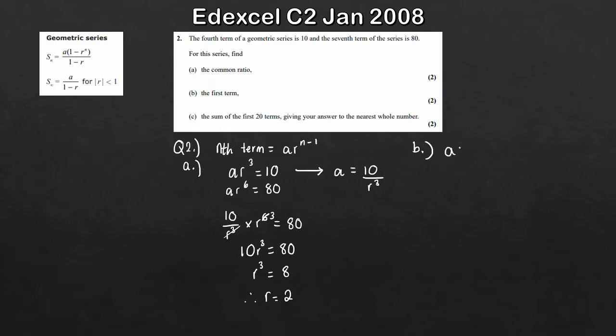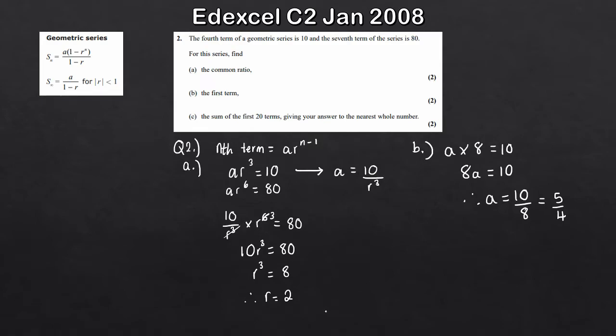So a times 8 is equal to 10. Then we divide both sides by 8, so we get a is 10 over 8, which we can write as 5 over 4. You can give it as the decimal equivalent if you'd like, but a equals 5 over 4, job done.